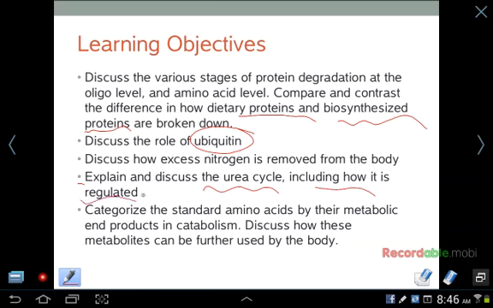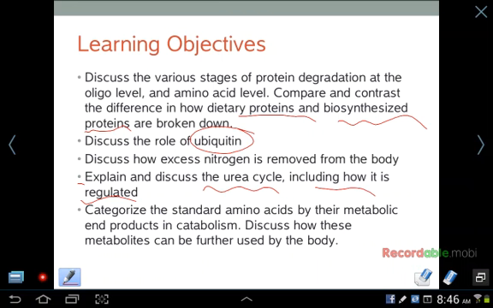For this cycle, again, you need to know and recognize the metabolic structures as well as the enzymes involved in this cycle. We will also then sort of go through an overview of how each of the standard amino acids are degraded.